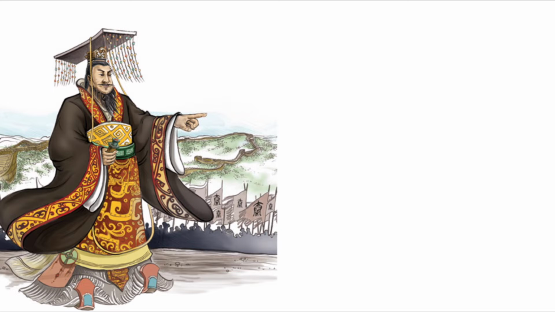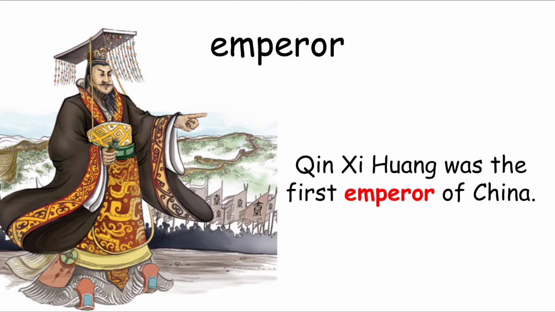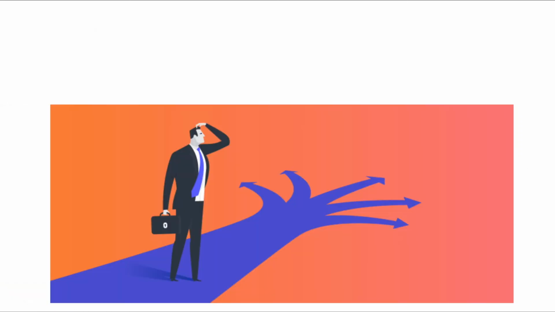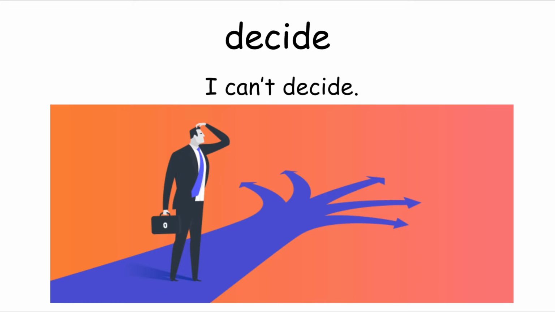The first word is emperor. Emperor is like a king. So Qin Shi Huang was the first emperor of China. Decide. I can't decide. In this picture, I can't decide what?